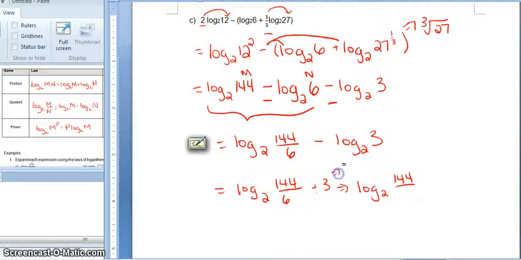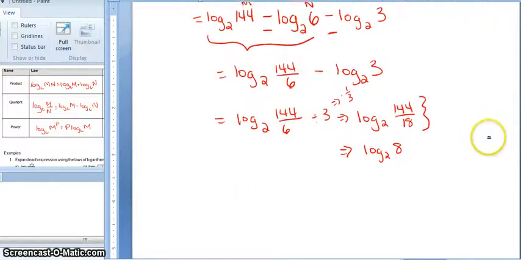Remember your division rules, you'd be multiplying and then flip. So 6 times 3 is 18 there. And then if this simplifies nicely, you guys can try it out, put this into your calculators. So do 144 divided by 18. And what we should find is that it does actually simplify quite nicely. And what it simplifies down to is 8.